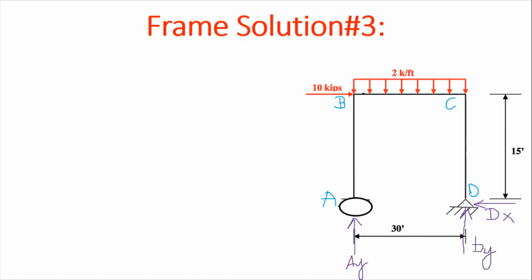So how can we solve this? Let's start. First, we have to convert this uniformly distributed load into a concentrated load. How can we do that? We will multiply 2 kip per foot by 30 feet. So 2 into 30 is coming out to be 60 kip.